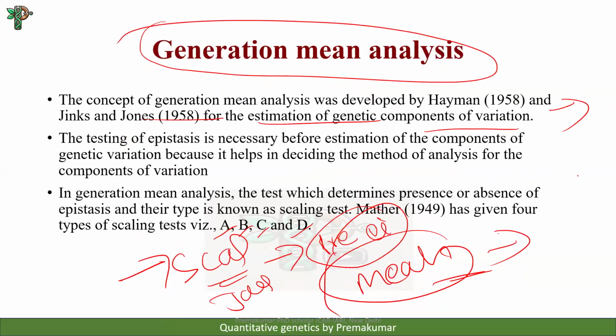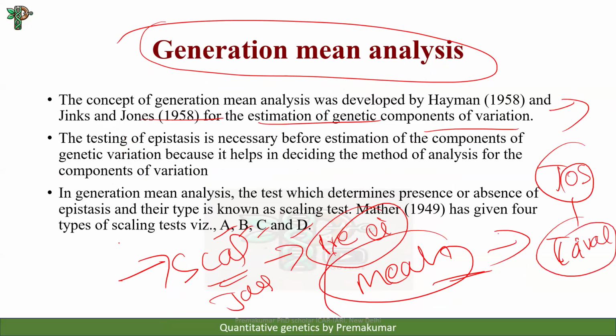Another one is the joint scaling test, which nowadays we are using. It is proposed by the scientist Cavalli. Here, in the individual scaling tests, we can estimate only one scale at a time. We can't estimate all the scales together. That's why in the joint scaling test, we estimate the mean and calculate the expected mean and observed mean.